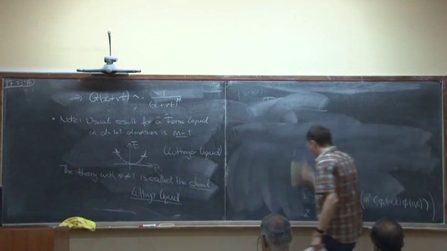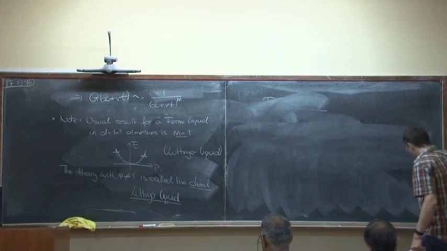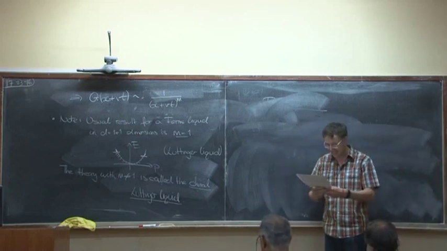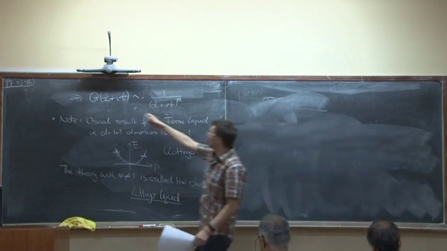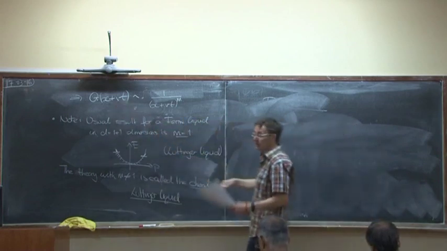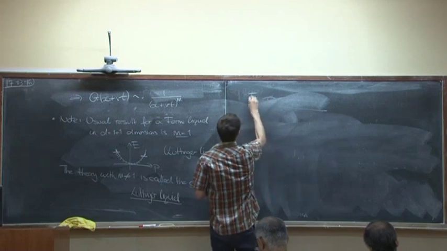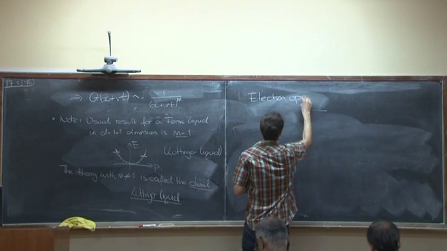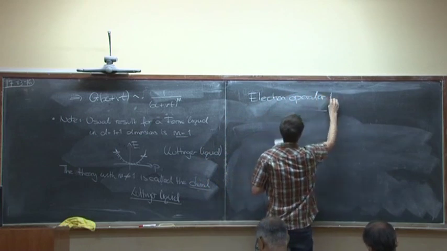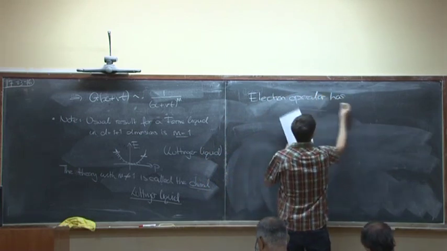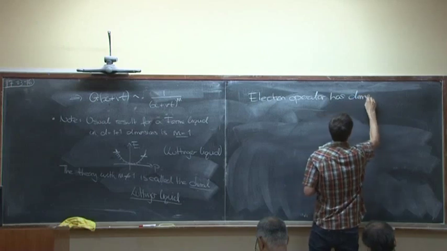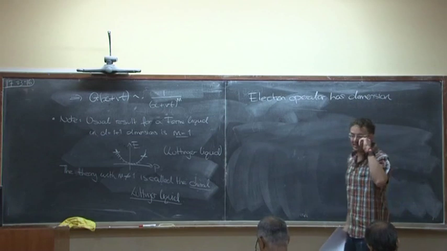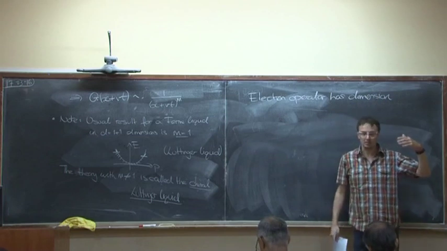Okay, from now on, everything that we need for the next 15 minutes is going to be dimensional analysis. It's going to be dead easy. So the thing we learned from this was the two-point function of the electron. So the electron operator has dimension, and this is essentially a relativistic system. Right?